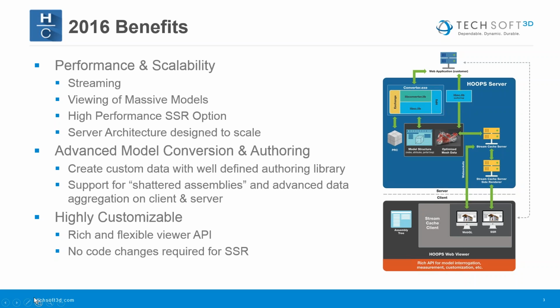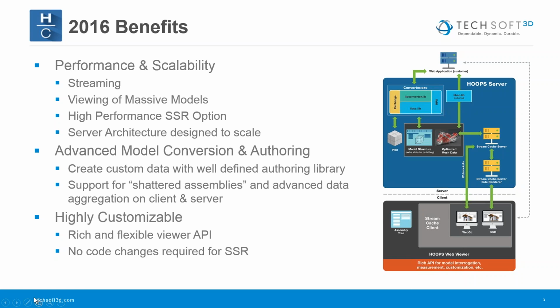Another big focus for us, and a lot of the pain points that people had with Communicator 2015, was around the ability to bring data in from different sources in the client. So now this is all very well supported. You can offer your own data into the system. You can bring data in, and you can aggregate data, either server-driven or client-driven, into an active viewing session.